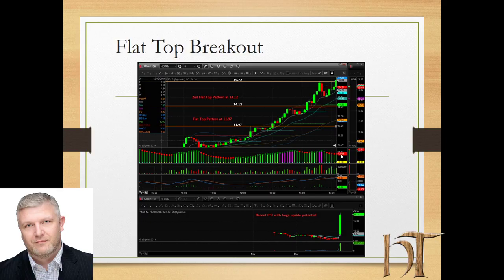Now traders that missed that move see this consolidation. They buy the pullback, and look at the big volume that comes in as we break.